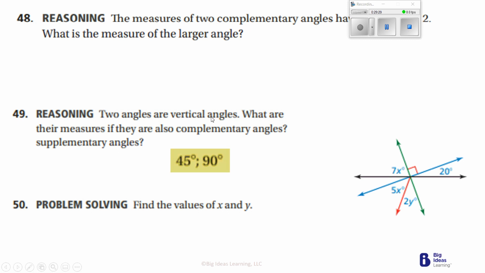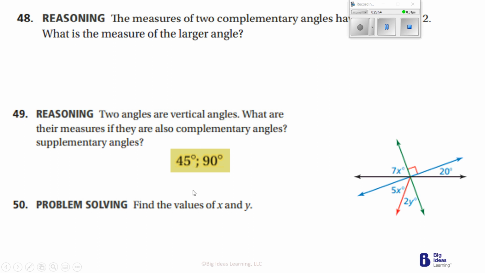Remember this is 90 degrees here. If I'm looking at vertical angles, the only vertical angles I see are going to be here and here. Now, you could say here and here, but I'm going to say not.